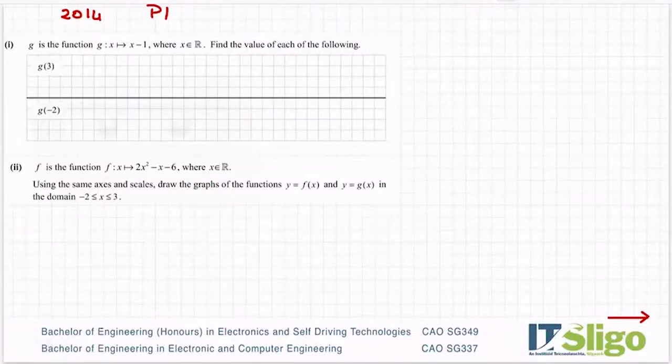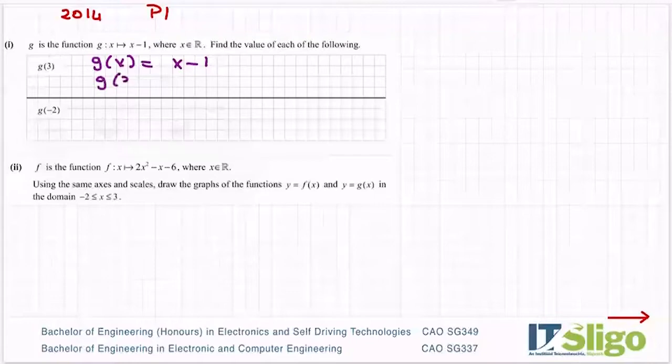So when we have g of x being equal to x minus 1, and they ask us to calculate g of 3, you can see that x is being replaced by 3. So replace x with 3 in the actual function itself. So I get 3 minus 1 being equal to 2.